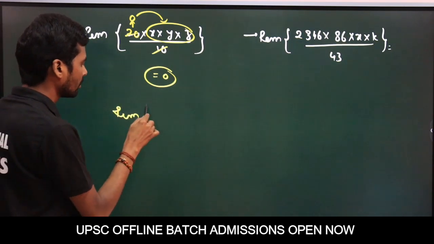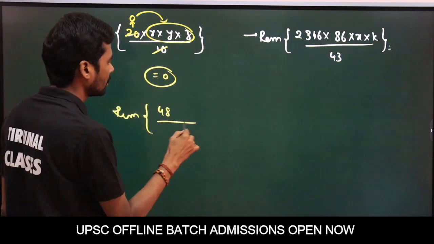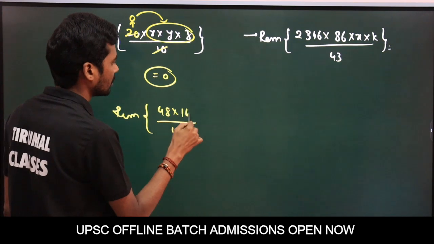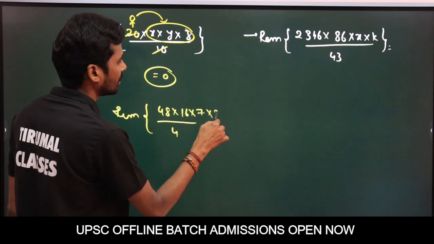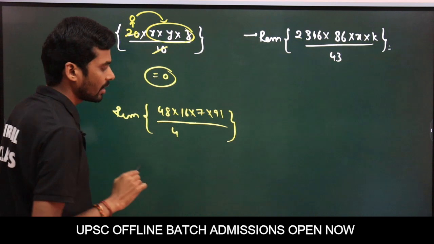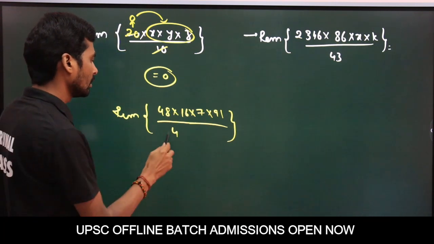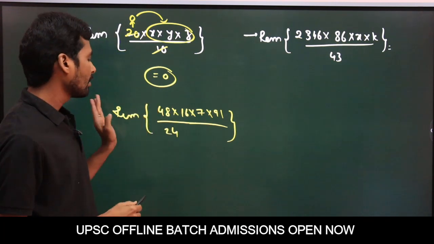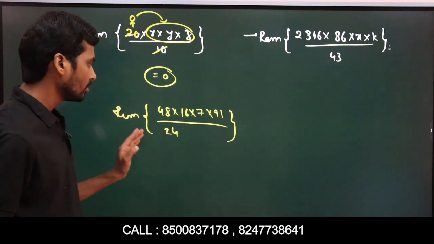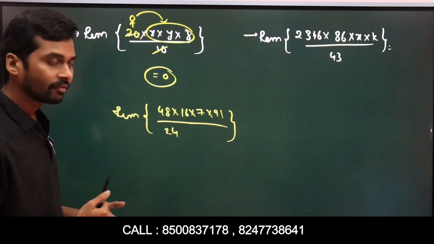Remainder of any number, so let's say 48 into 16 into 7 into 91, when I divide with, let's say, 24.